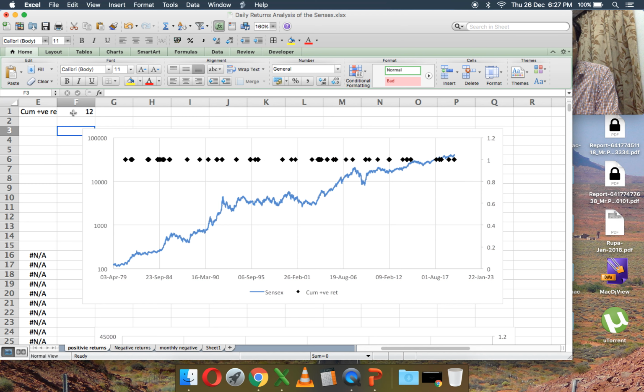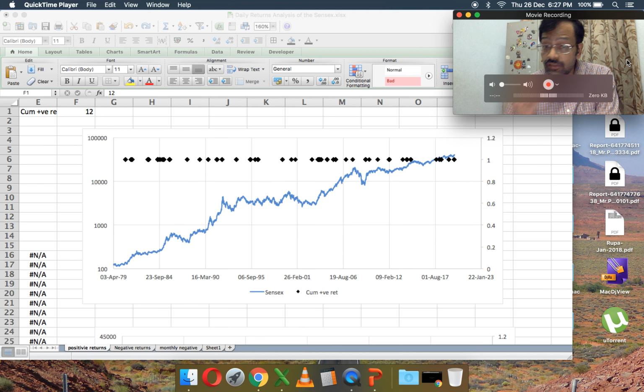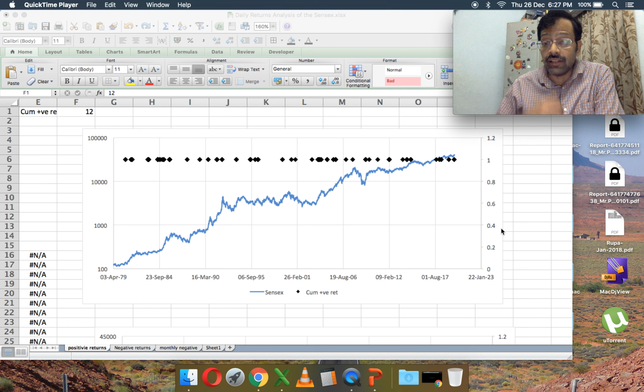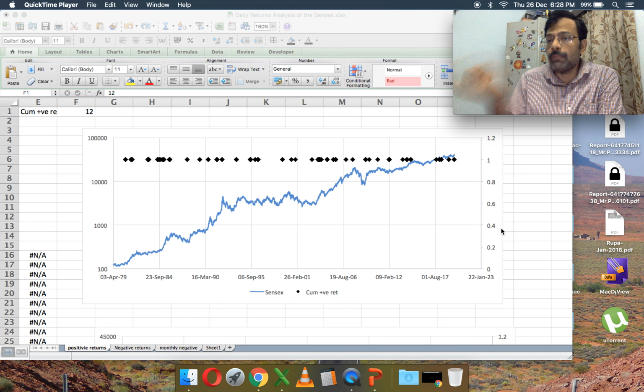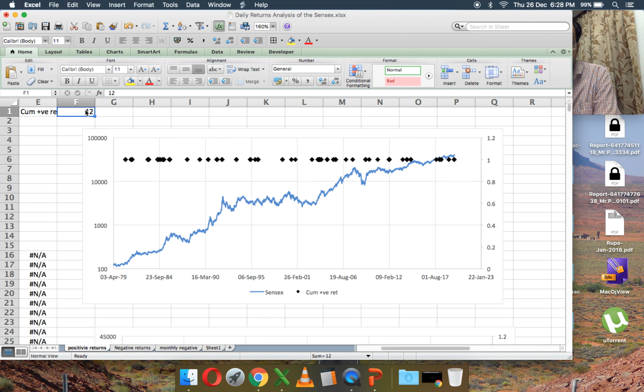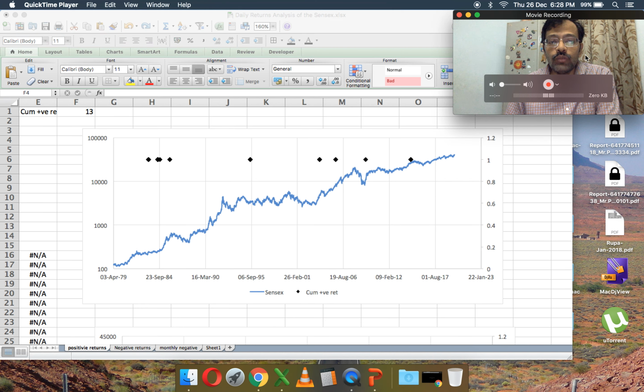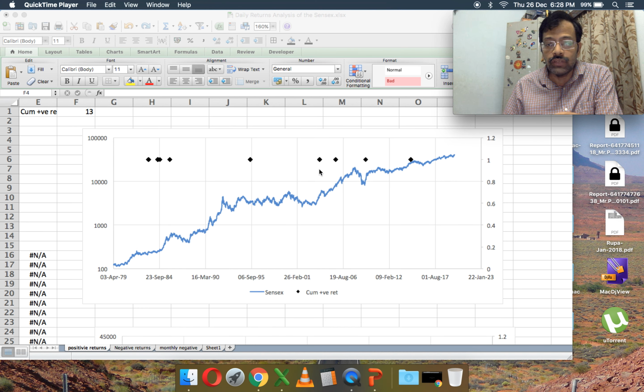It's come down, but it's still quite significant. There are a significant number of times where there has been a nice bull run over a 14 business day period, where 12 of them were positive returns. That's quite interesting. Now we'll make it 13, and it immediately drops down to 1, 2, 3, 4, 5, 6, 7, 8, 9. Only 9 times. You can see the last one was somewhere around 2013, after the recovery of 2008, sometime during the last bull run.